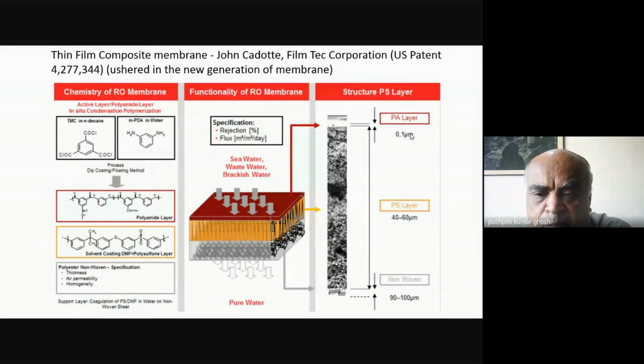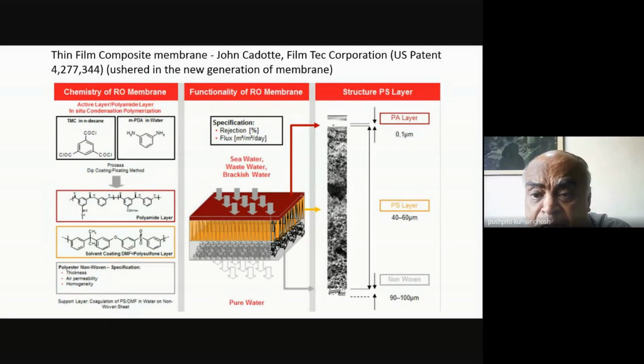So what this polymer did is, it was remarkable that they were able to show that layer thickness is enough to reject the salts in, let's say, seawater and allow only the pure water to pass through.